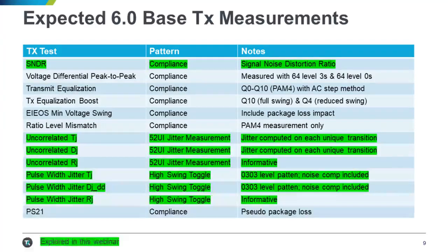In pulse width jitter, I don't have additional slides on it, but I wanted to emphasize this one a bit. It is a challenging measurement, and so I'll speak to it on this slide. What this is really trying to capture is the compression of single pulses, right? Because those are really challenging for receivers to handle.